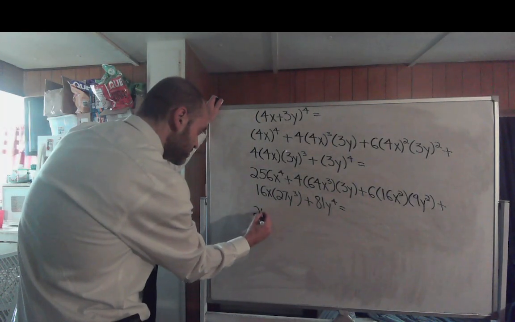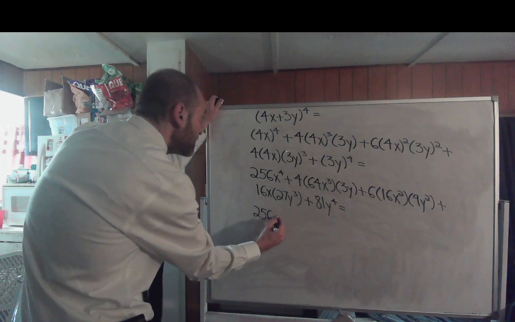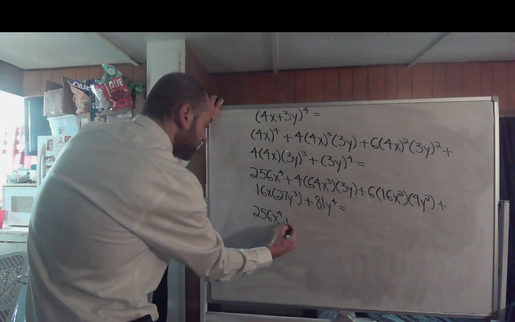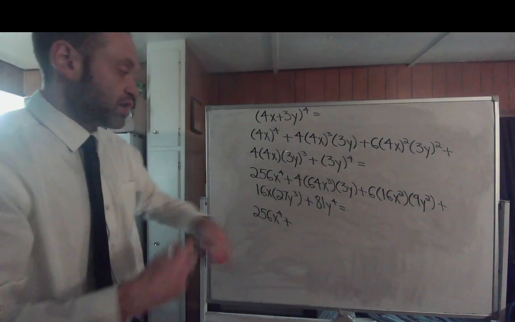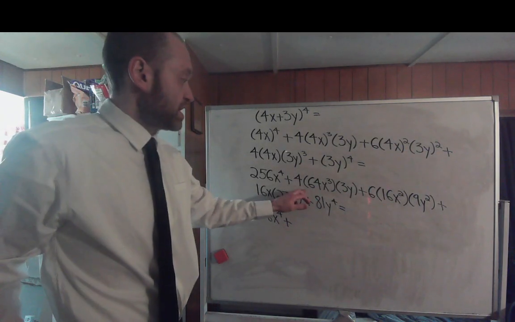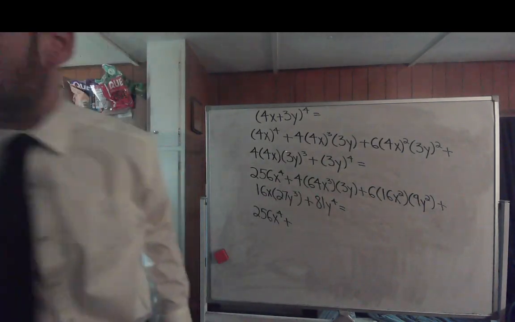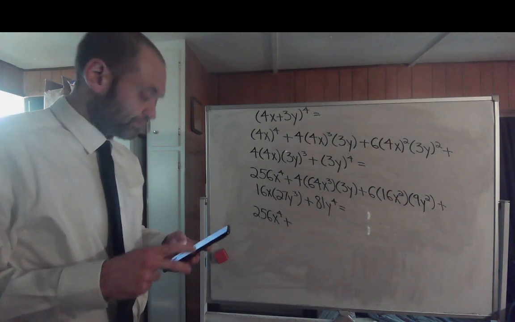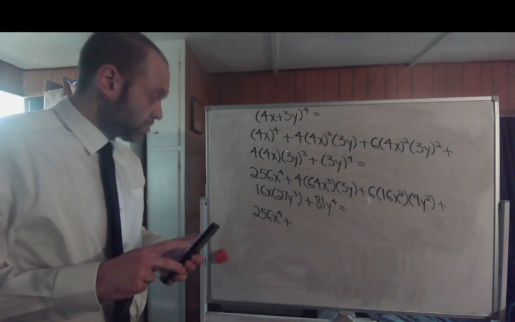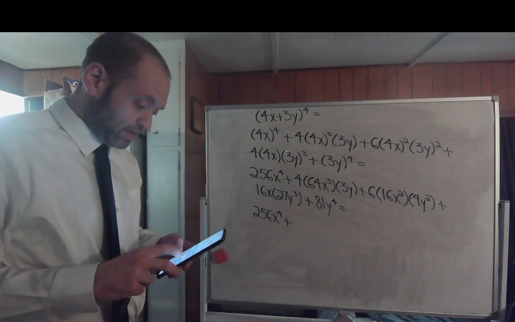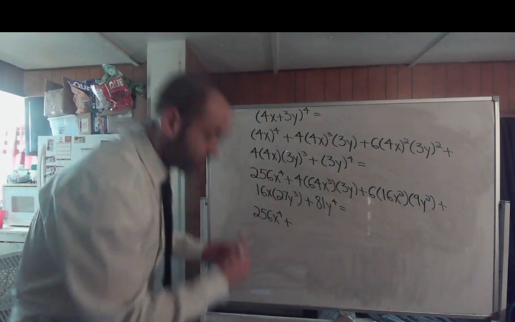You'll end up having 256x to the 4th, plus, let's go ahead and multiply all these coefficients on the variables. Well, I know 4 times 64 is 256, but what's that times 3? Let's see. That would give me 768.